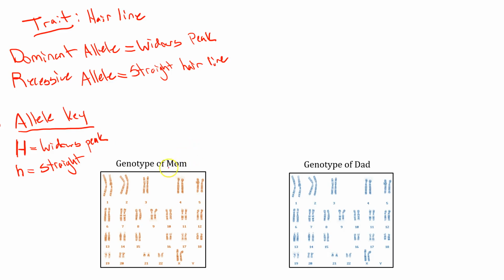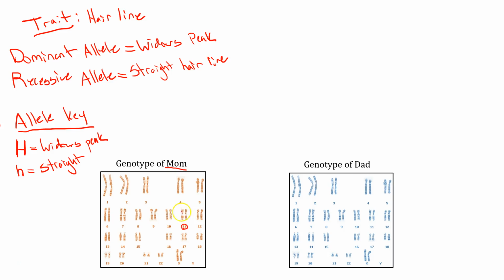Okay, so then the question is, let's take a look. All right, so let's say that whatever genetic information codes for this trait, the hairline, let's say maybe that's found on, I don't know, chromosome 11. I don't know where it's actually found, but let's just say it's on chromosome 11.